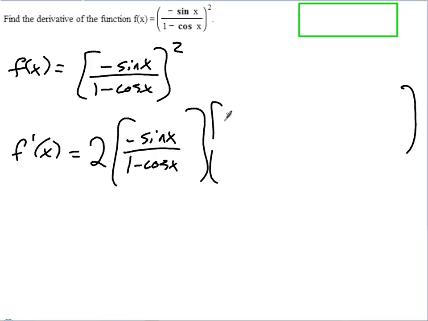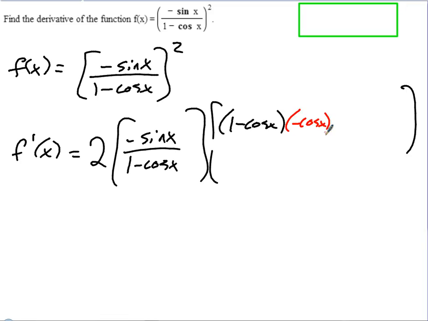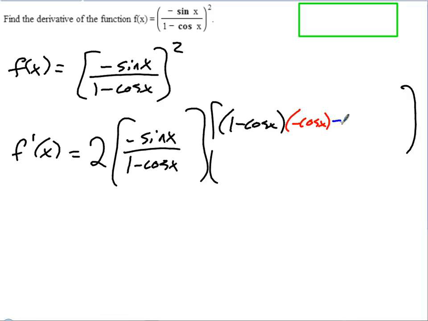So I get the quantity 1 minus cosine x. What's the derivative of negative sine x? Negative cosine x. Now what goes there? Minus, good. And that's important. There's a tendency, people want to put a plus there because the product rule has plus, but no, it's a minus.